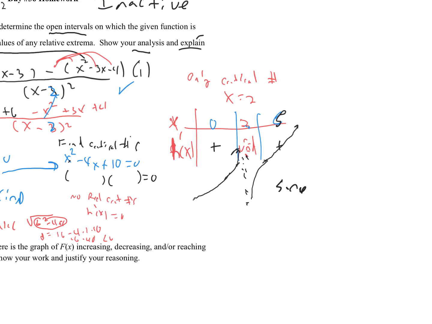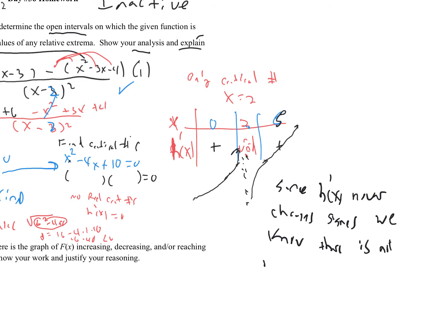Since h, I can talk about it in terms of h of x or h prime. I'm going to say since h prime of x never changes signs, we know there is no relative max or min.